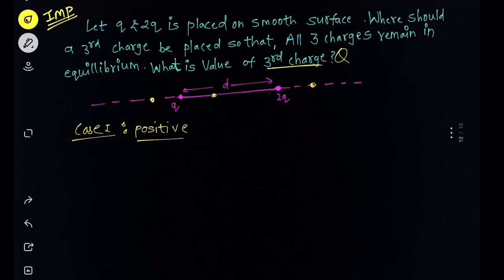Let's consider the right hand side also. On the right hand side also, from small q, both the forces will be on the left hand side. It means if we want to have equilibrium, there is no chance that this third charge should be positive. So if you get any option regarding positive charges, you know that answer will not be correct. So just remove those options.